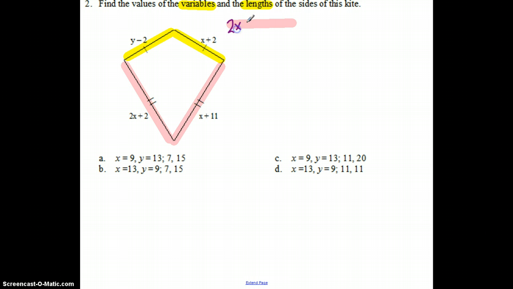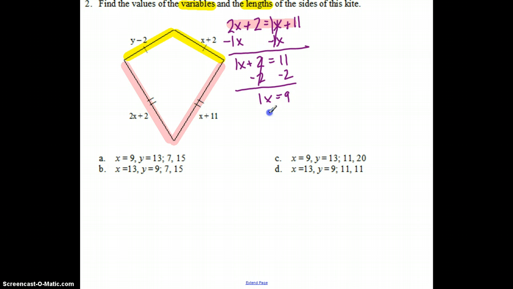So I have 2x plus 2 is going to have to equal x plus 11. So I'm going to add a 1 here, and then go through my solving. I'm going to subtract 1x from both sides, and then subtract 2. So basically this gives me x equals 9.